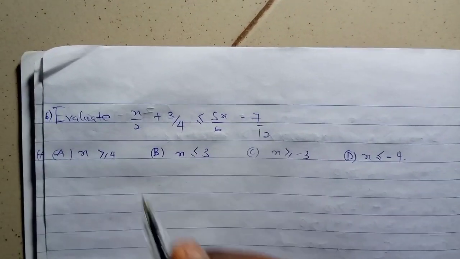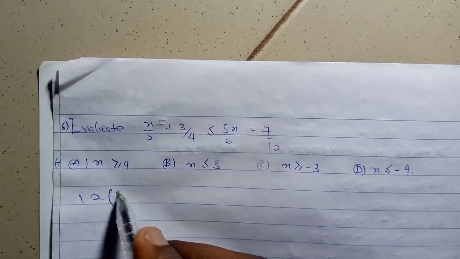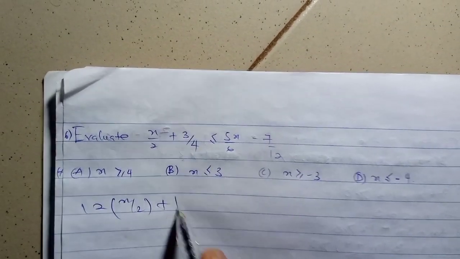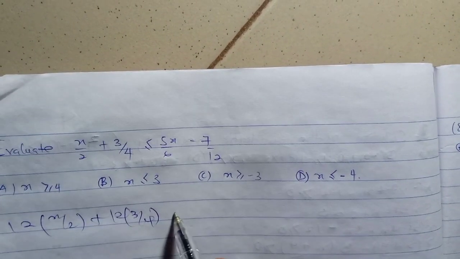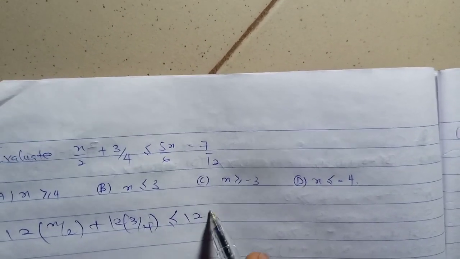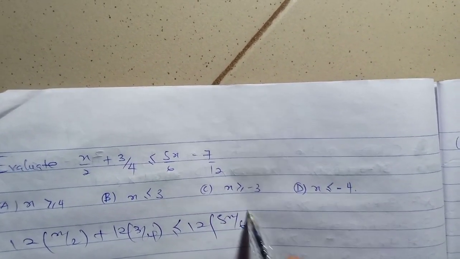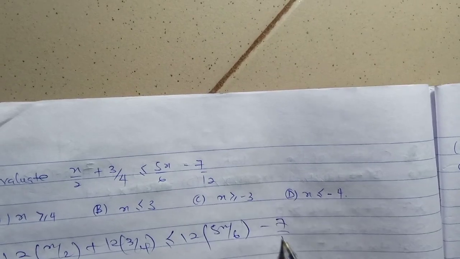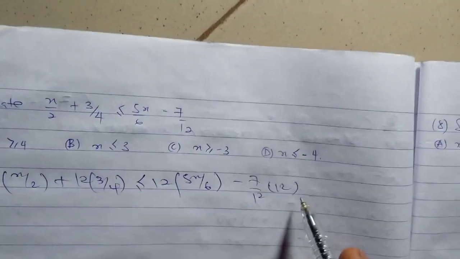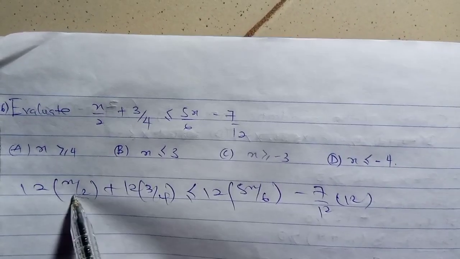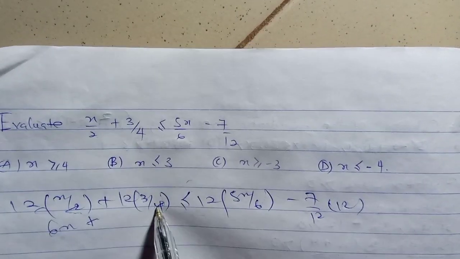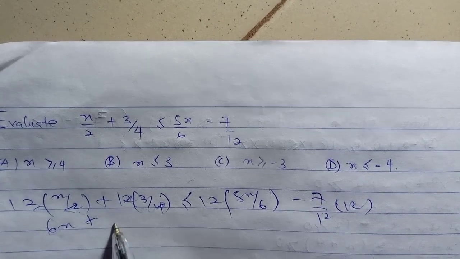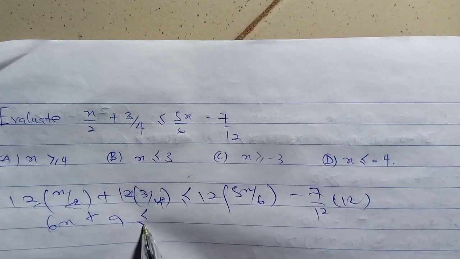So let's multiply each of these by 12. This gives us 12 times x over 2 plus 12 times 3 over 4 less than or equal to 12 times 5x over 6 minus 7 over 12 times 12. 2 cancels 6, you have 6x, plus 4 cancels 12, you have 3, so 3 times 3 is 9, less than or equal to.